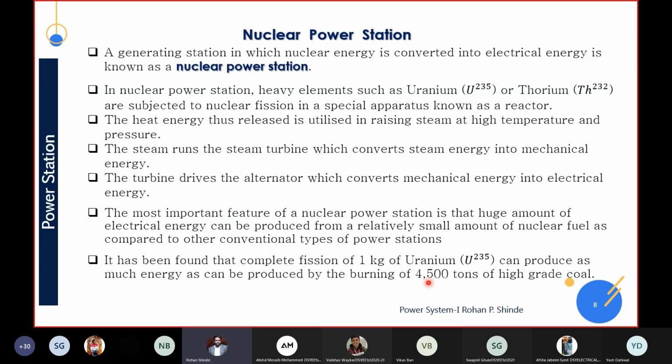That means this nuclear power plant can produce a huge amount of power from a relatively small amount of nuclear fuel.